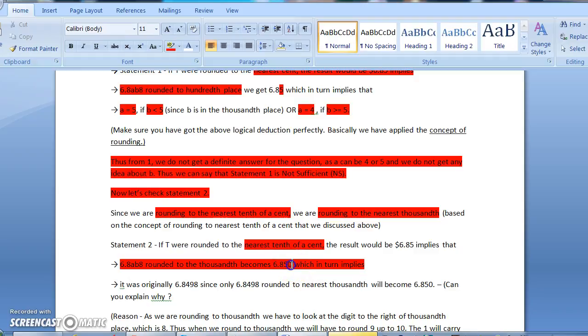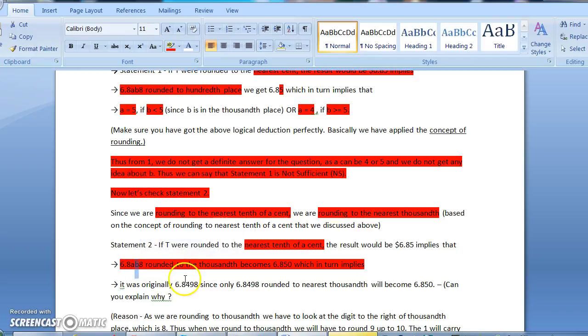Notice that there is no digit, and if we are rounding to the thousandth, that means we can put that digit as 0. Which in turn implies, if I want to get a 0 in the thousandth place, B, and notice to its right is 8, it means that when I'm rounding to the thousandth, I have to round it up.